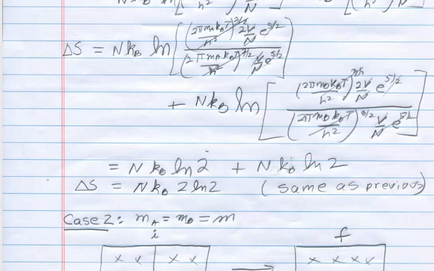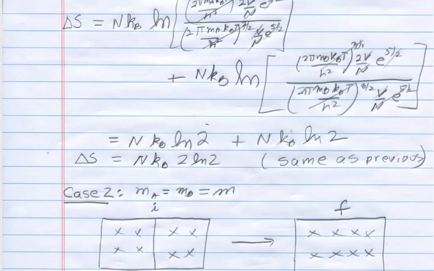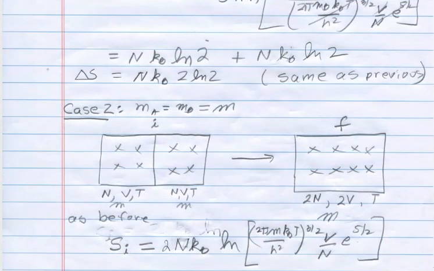But now let's look at the case where Ma equals Mb equals M. And now you've got this arrangement.